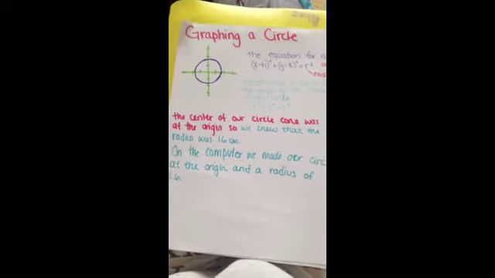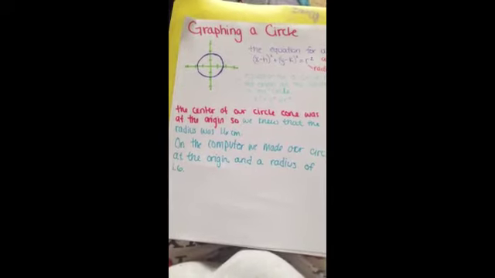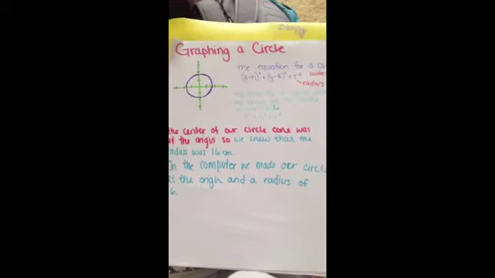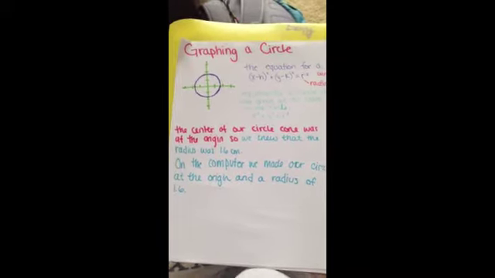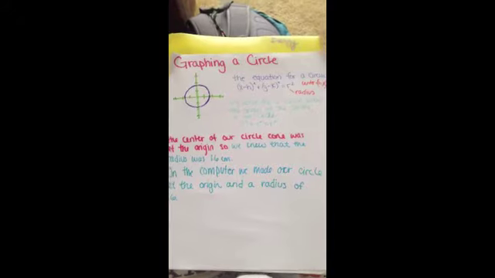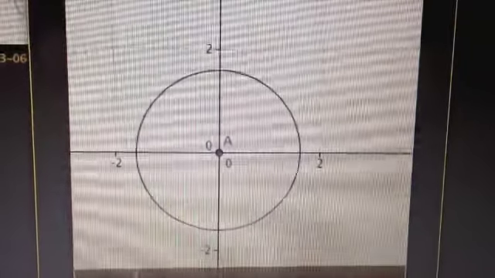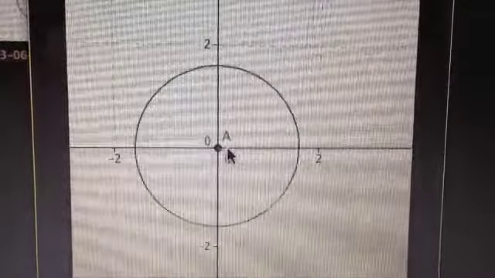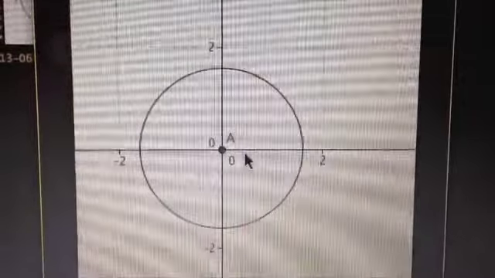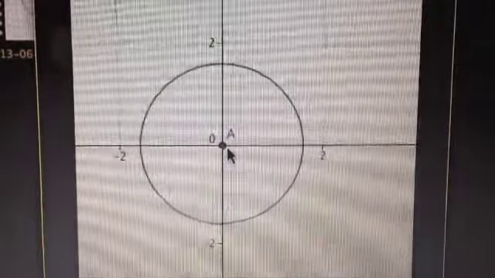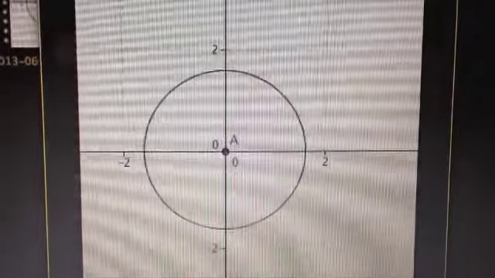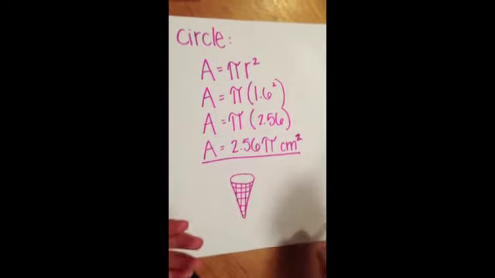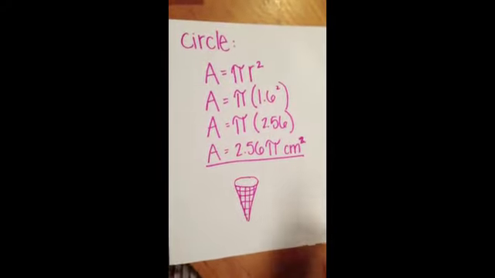The center of our circle was at the origin, and we knew that the radius was 1.6 centimeters. So on the computer, we put our circle with the center at the origin and a radius of 1.6 centimeters. This is the graph of the circular cone, and the radius is 1.6 centimeters, just the same as the elliptical cone's semi-minor axis. Now that we have graphed the two circular and elliptical cones, let's find their surface area.